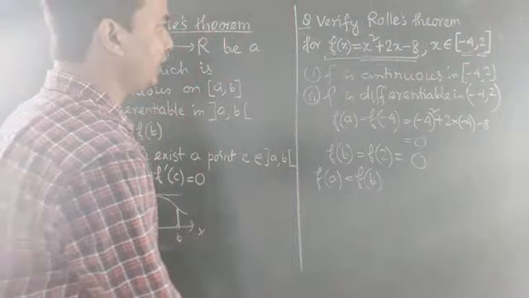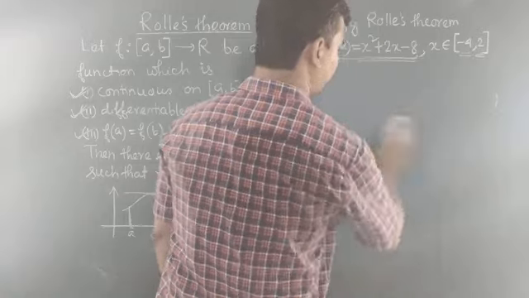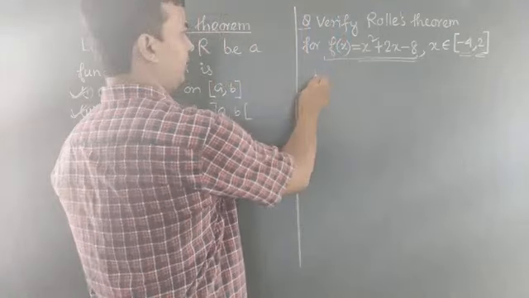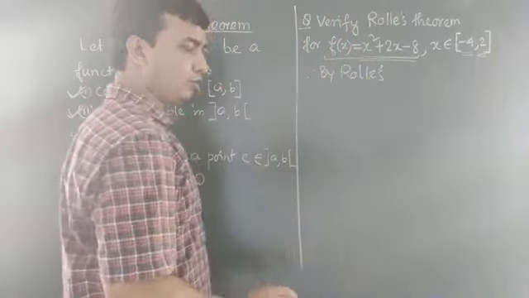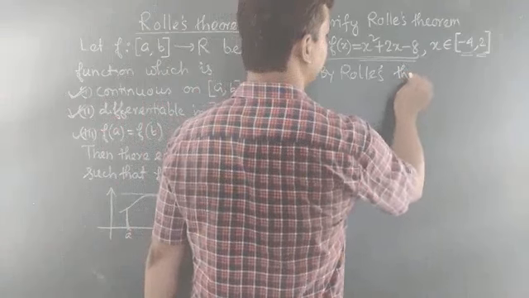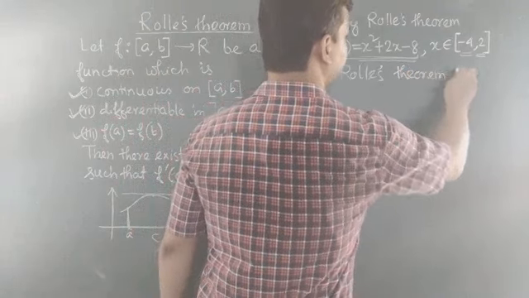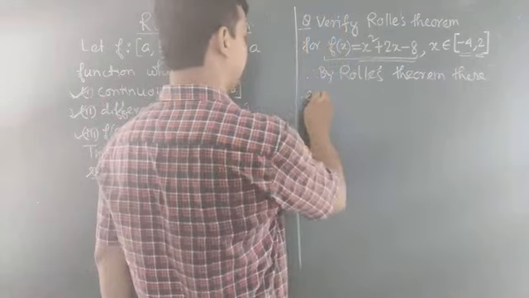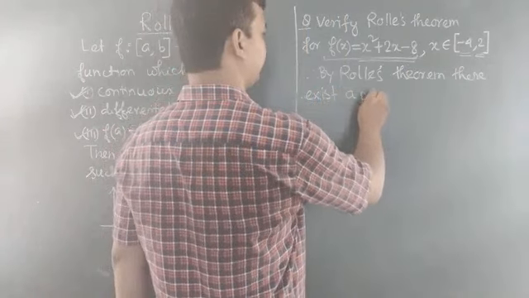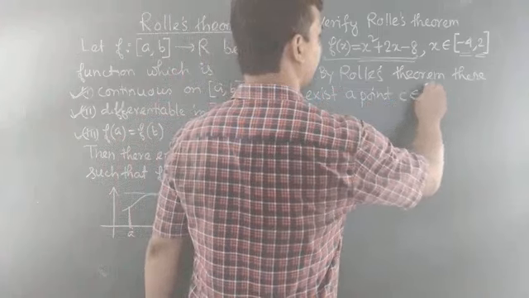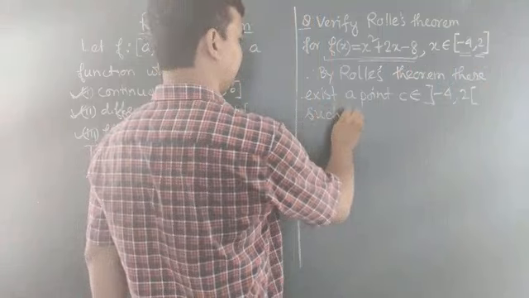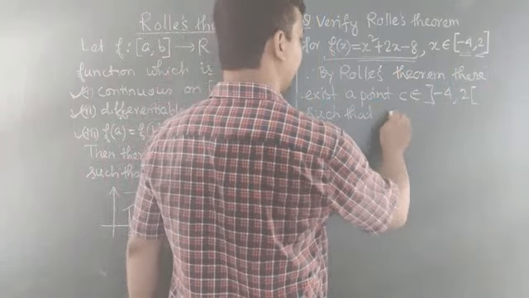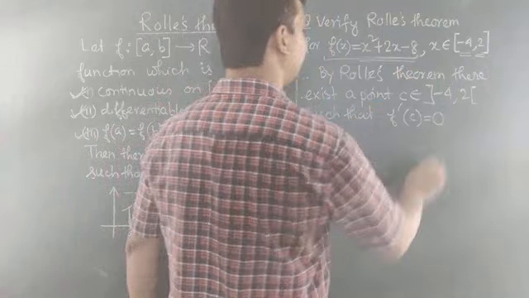Now we have to verify Rolle's theorem for the given function. So how to verify Rolle's theorem? Therefore, according to Rolle's theorem, there exists a point c in the open interval (-4, 2) such that f dash of c is equal to 0.